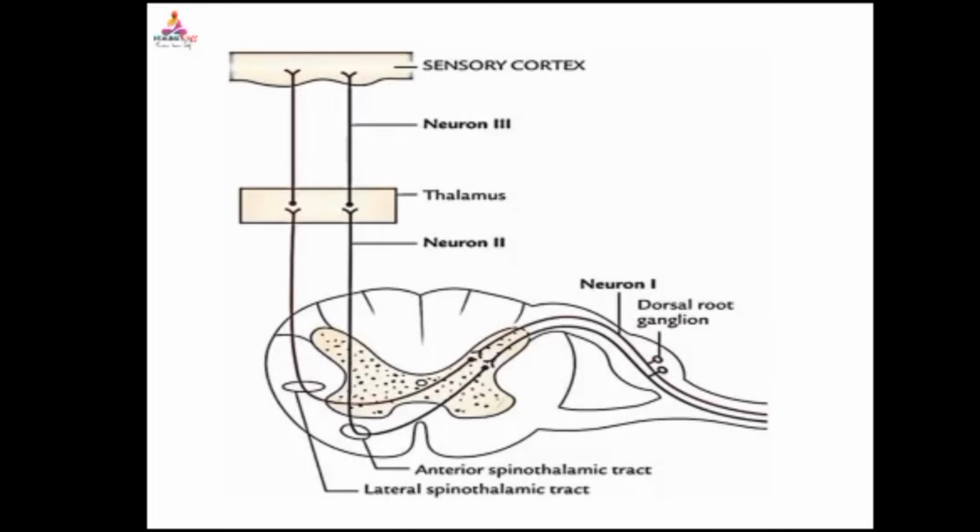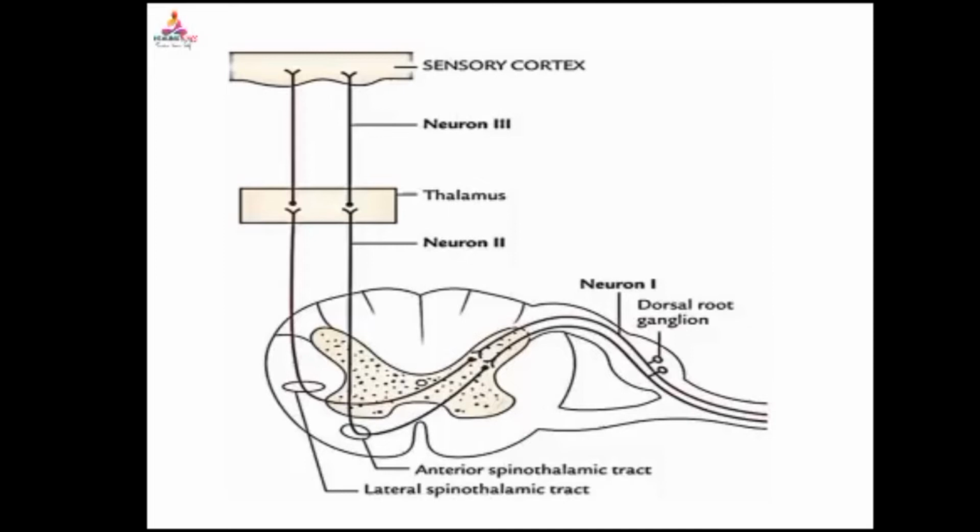In the cord, the fibers ascend one or two segments in the dorsolateral tract of Lissauer at the tip of the posterior horn and then relay in the posterior horn by synapses with the cells of the substantia gelatinosa.